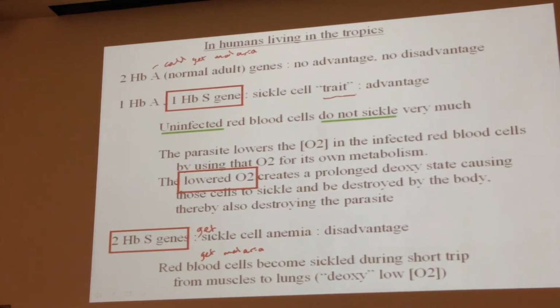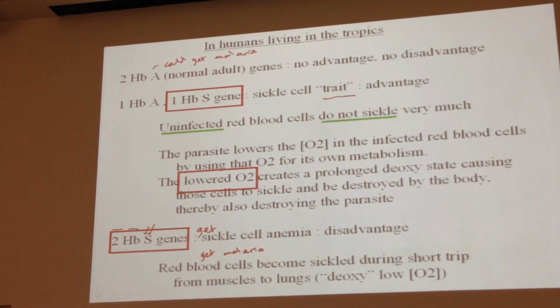And in uninfected red blood cells, that amount of hemoglobin S does not give sickling. It's not enough. You need all of your proteins to be that mutation, a double dose of that bad gene, in order to have sickle cell anemia.